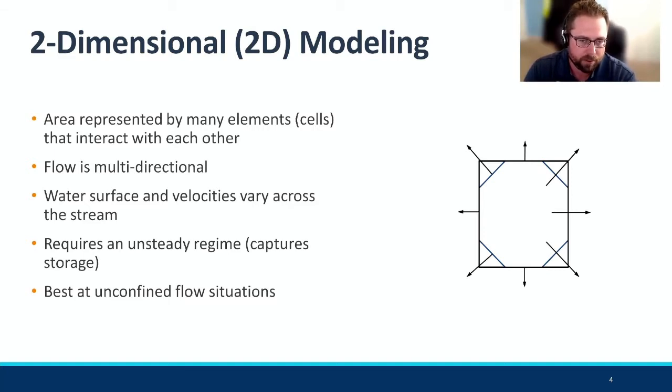So a two-dimensional model is built around having lots of tiny little elements that we often refer to as cells. You would think of it like a digital elevation model, except the cells talk to each other and water can move in any direction from a cell. So you might have water moving in multiple directions at the same time. It all just depends on how they're interacting with their neighbors.